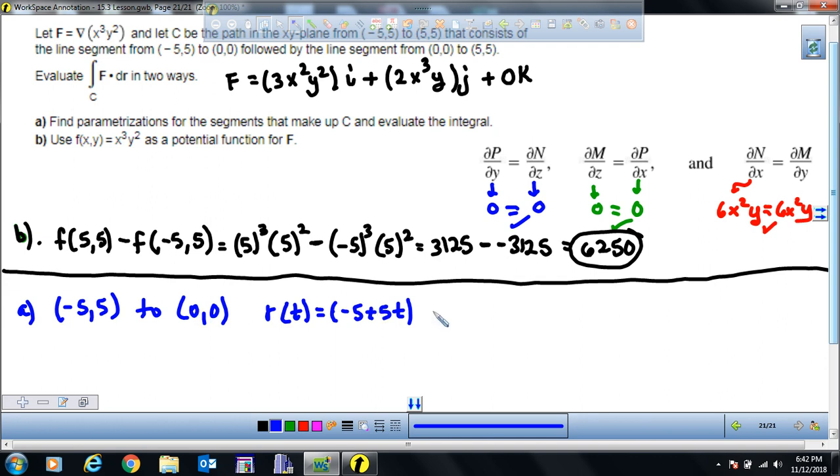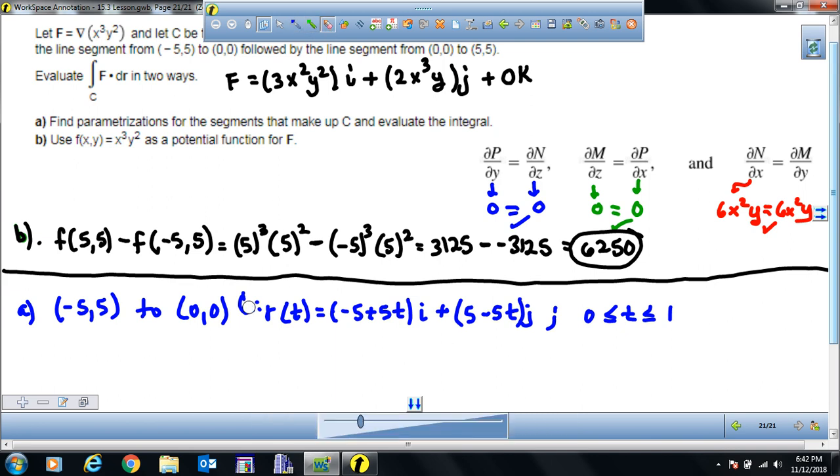Right? So that would be i. Plus, now this one is decreasing by 5, so it would be 5 minus 5t, j. And we can directly say that this goes from t equals 0 to t equals 1. That would be C1.